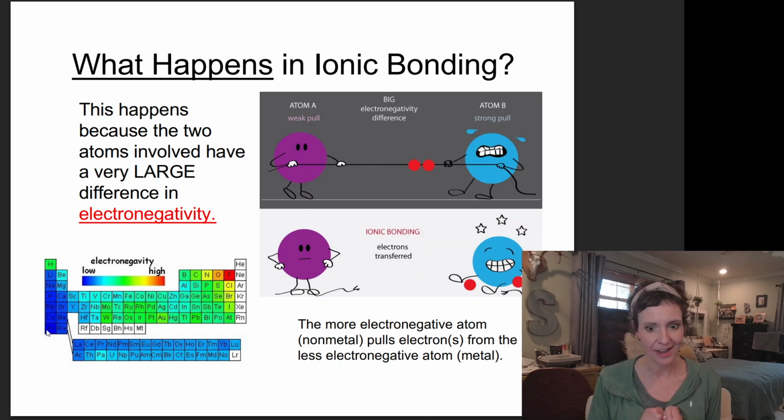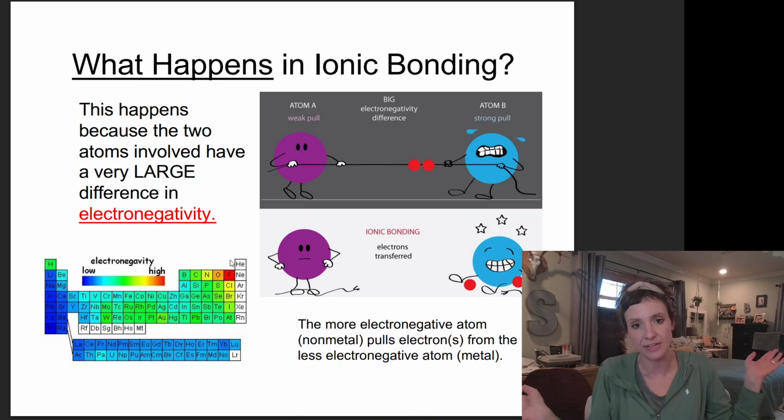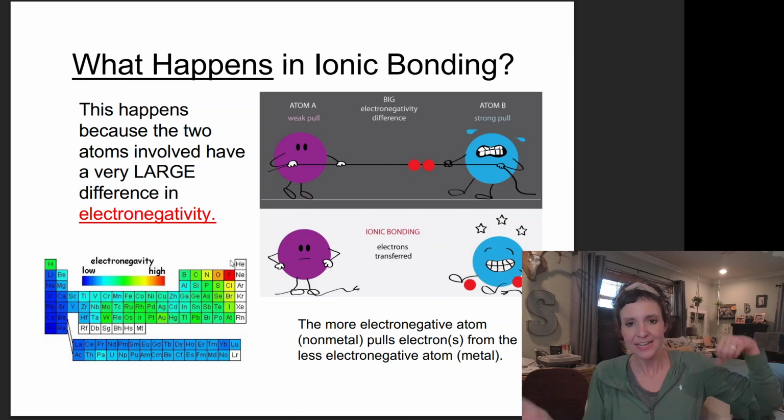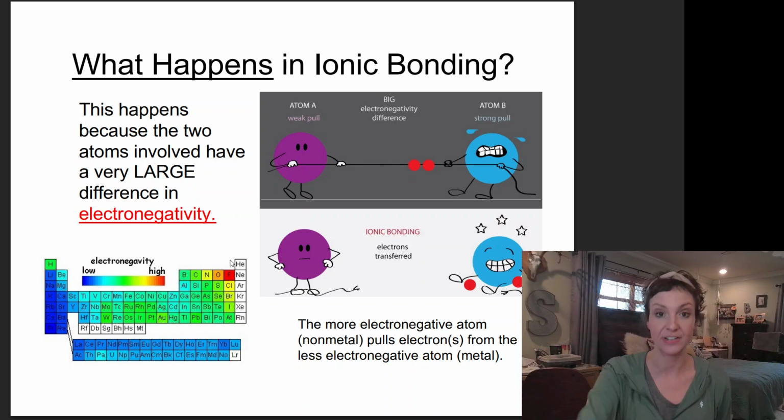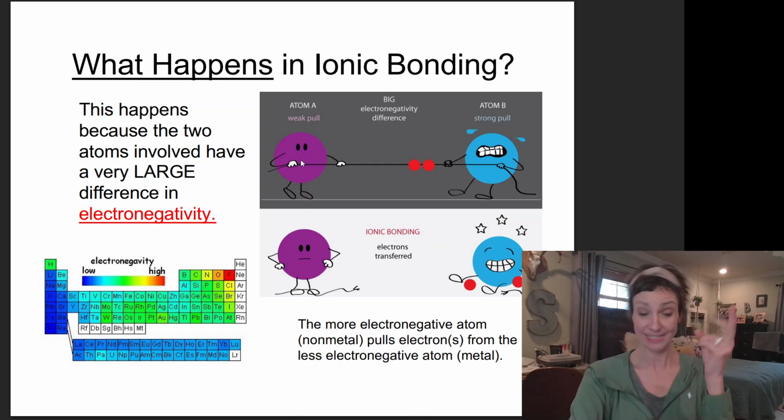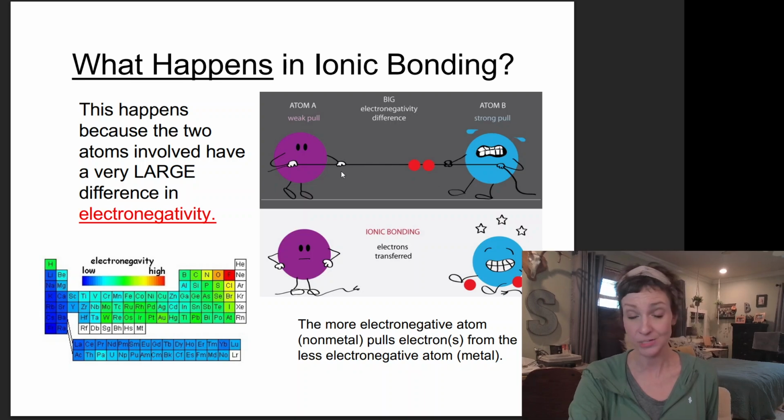Well, y'all, if I got somebody over here, a non-metal who's super electronegative, he wants to gain electrons badly, and I got somebody else down here who is like, I do not care, I have really low electronegativity, what ends up happening is an ionic bond is created from that transfer of electrons. What is attempting to happen first is that atoms are trying to share electrons, which they do in covalent bonds, which we'll talk about next unit.